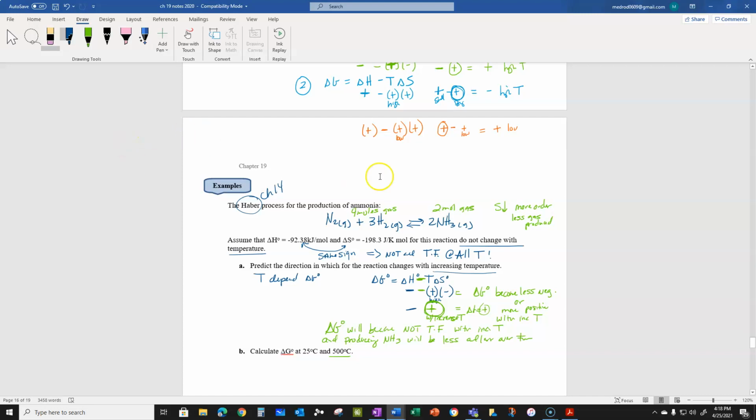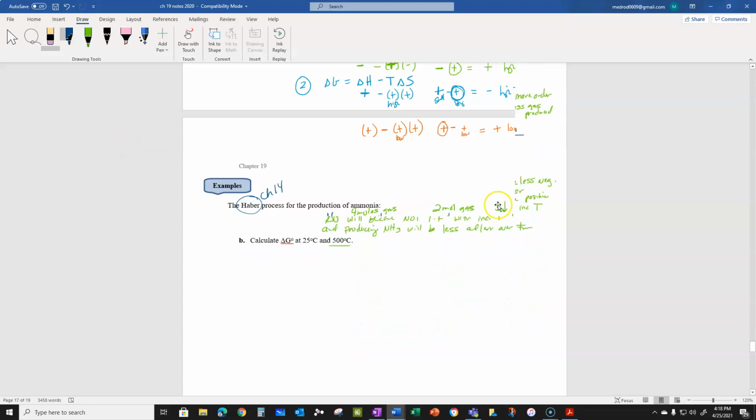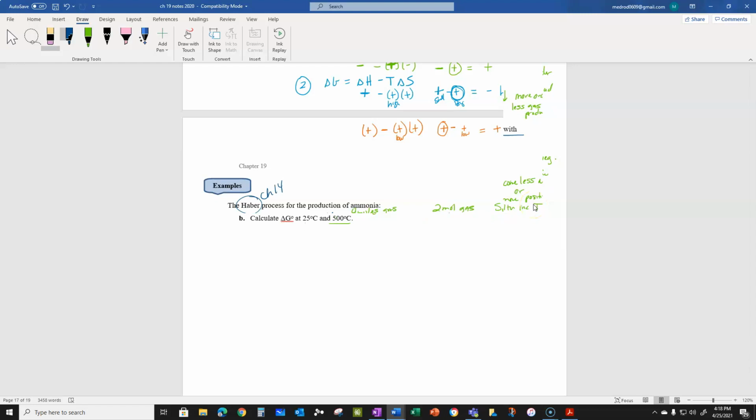Okay, all right, so now let's actually plug it in so we can show them how it actually is going to be positive. So first at room temperature versus high temperature. Now we just said right here, assuming that delta H and S aren't going to change with temperature.